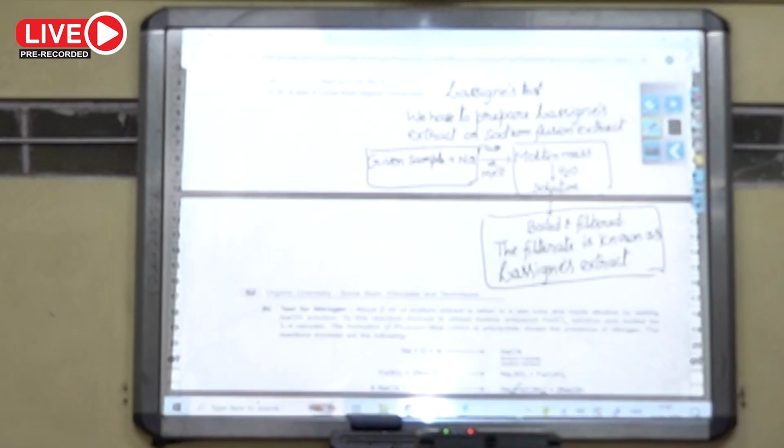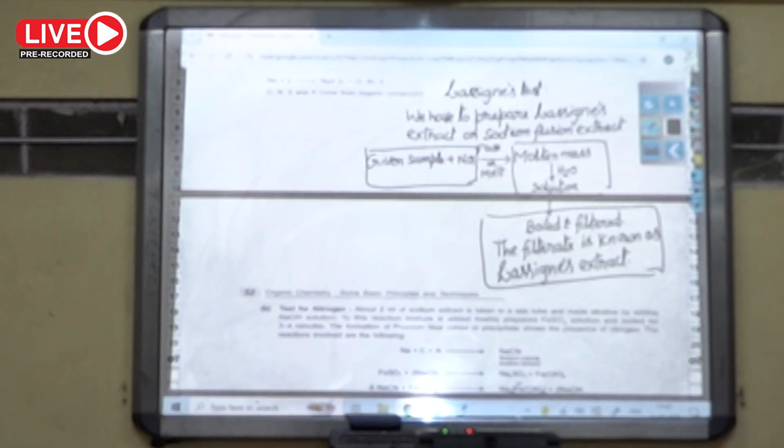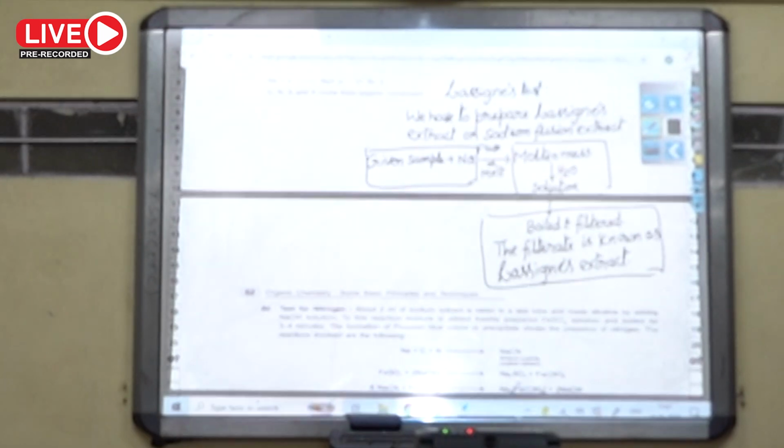Here the most important point is, please write that point. Lassaigne's extract is basic in nature, as some sodium metal reacts with water and forms NaOH.